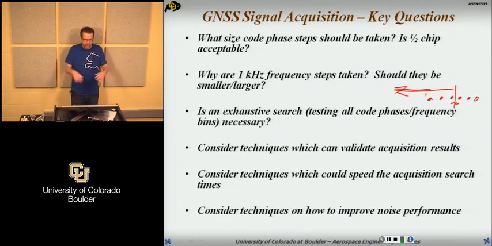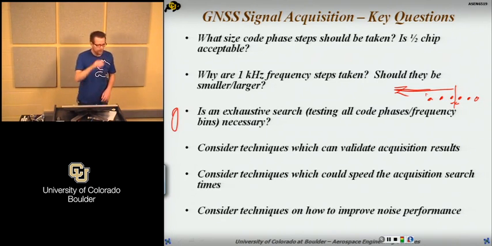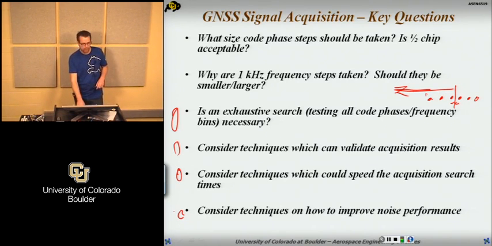If we're okay with half a chip, then we're actually never going to be more than a quarter chip off. This one, do we need to test everything? Hint at that too. Validation. Then we get into the interesting stuff, the speeding up, and how to make it more sensitive. And the last piece is what the next assignment is going to be about.